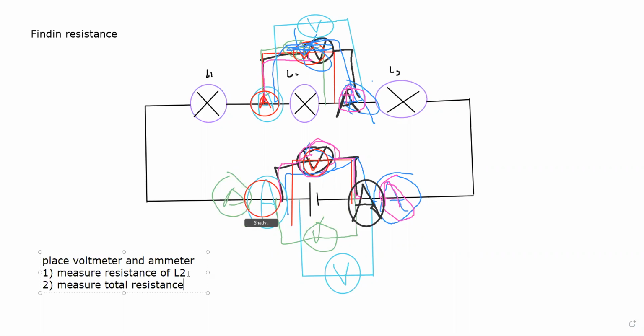So we'll get the total resistance of this. Next to the battery in series, it should be an ammeter, and parallel to the battery, it should be a voltmeter.